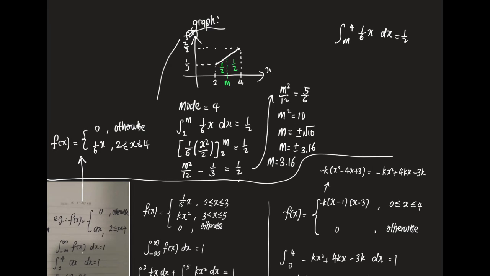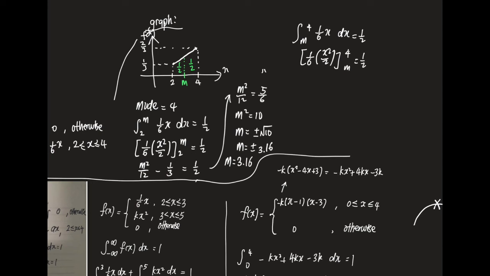And if you see the working here, x squared over 2, from m to 4, equals 1 over 2. So 4 squared, 16 over 12, is 4 over 3, minus m squared over 12 equal to 1 over 2.